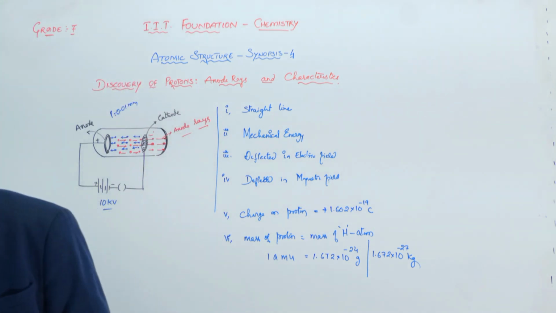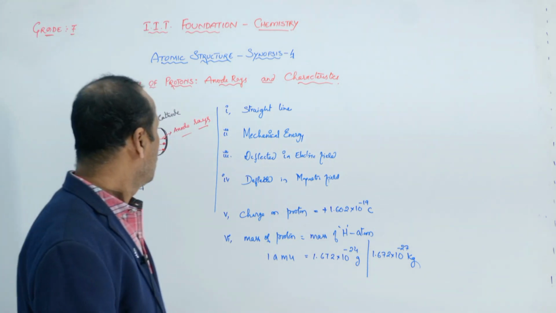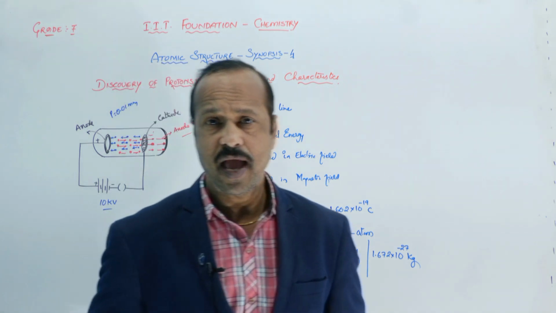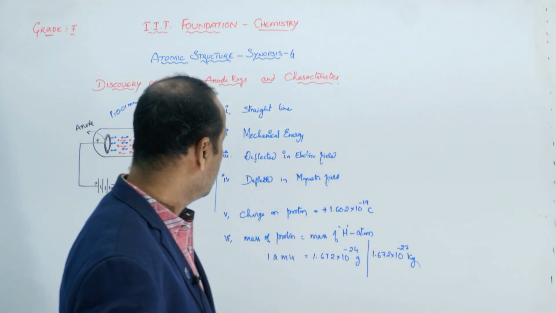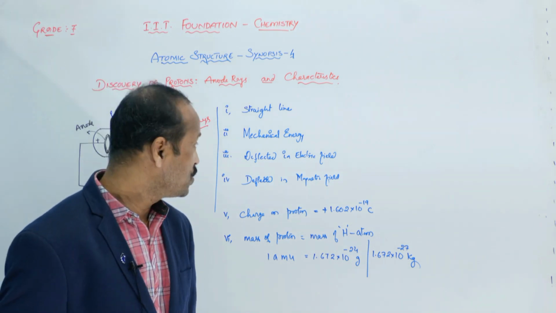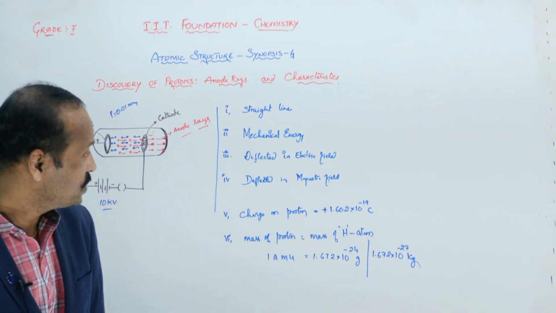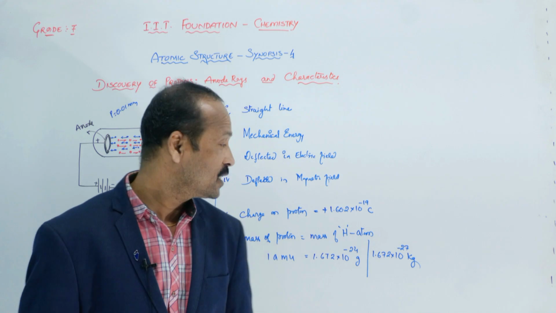So that's all about the characteristics of the anode rays. Once again, anode rays travel in a straight line. They produce mechanical energy, and they are deflected by both electric and magnetic fields.